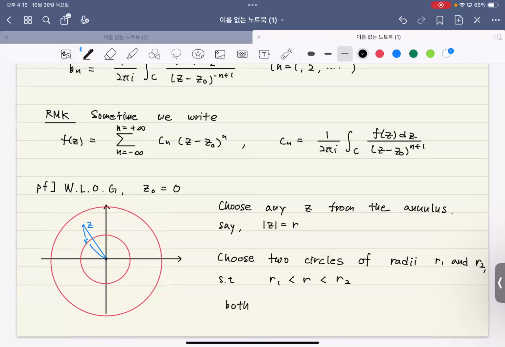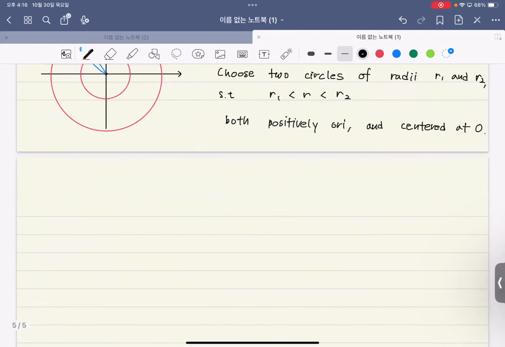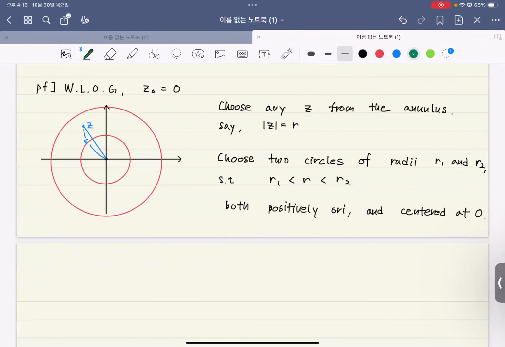We say they are both positively oriented, and obviously centered at the origin.